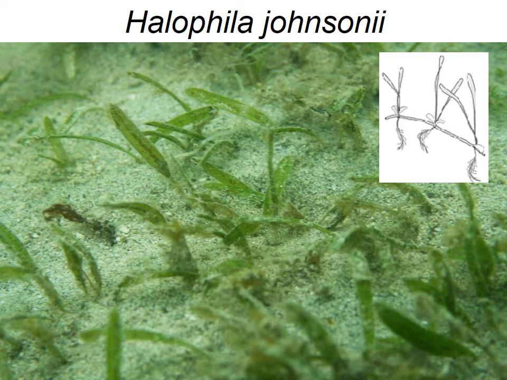So it has a very localized endemic distribution, and that makes it vulnerable to extinction, especially because the area in which it inhabits is heavily developed with a lot of hardened shorelines, boat traffic, pollution issues. So this is actually an endangered species, and a lot of the conservation efforts in the estuaries of east central Florida are focused on preserving the Johnson seagrass.